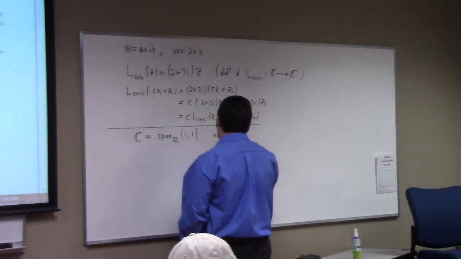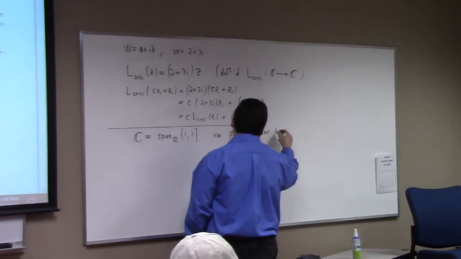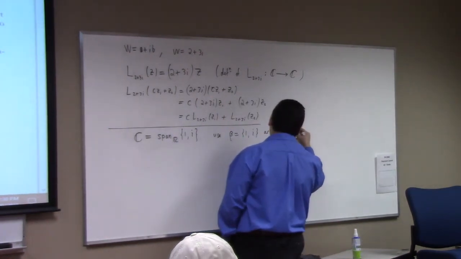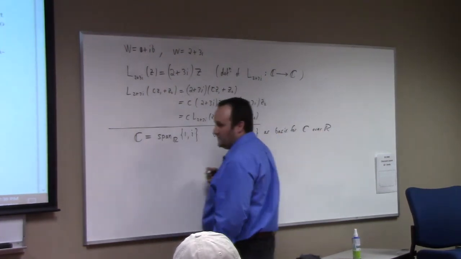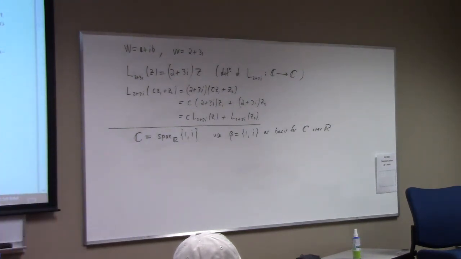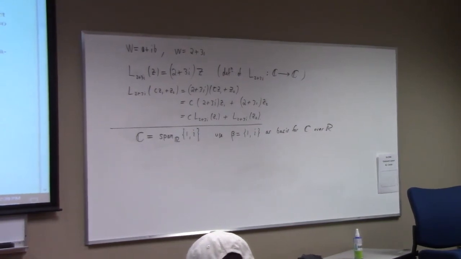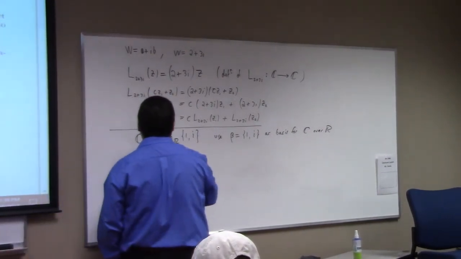So we're going to use beta equal to 1 comma i as a basis for the complex numbers over the reals. The complex numbers we can associate with R2, a two-dimensional real vector space. Okay, so let's go back to it.